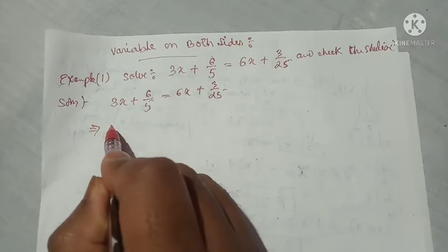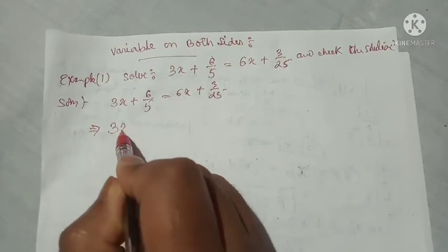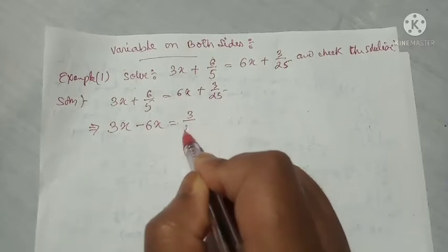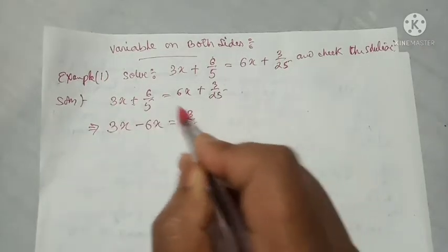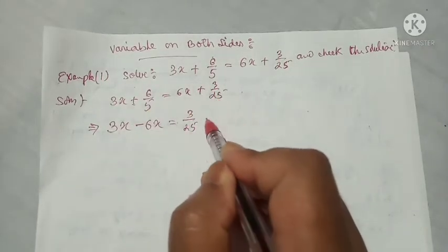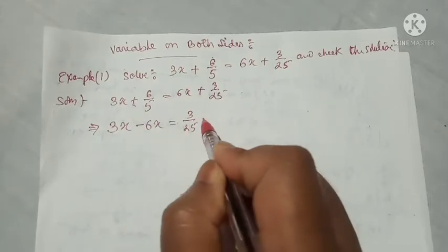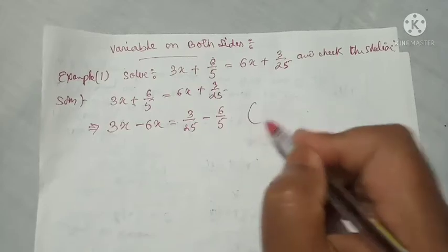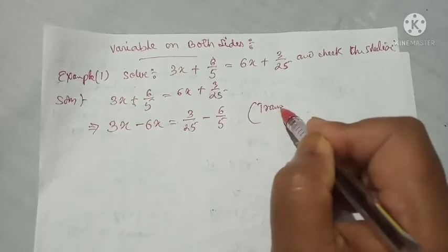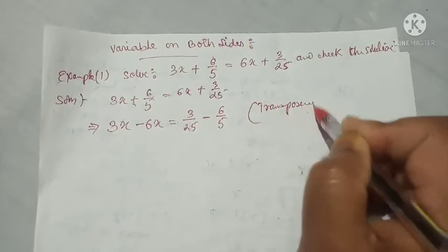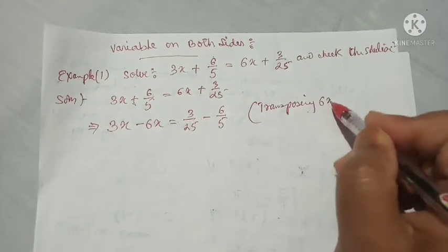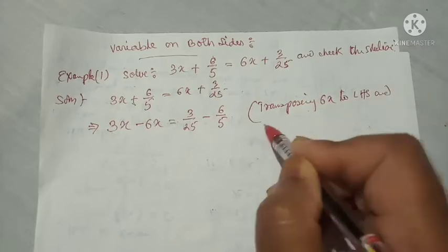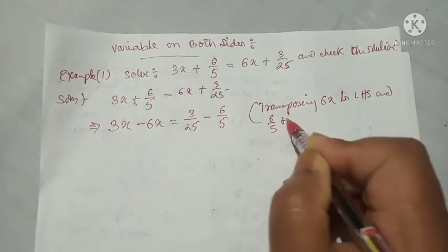So we transpose 6x to the left hand side and 6 by 5 to the right hand side. The sign of 6 by 5 is plus, now it becomes minus.